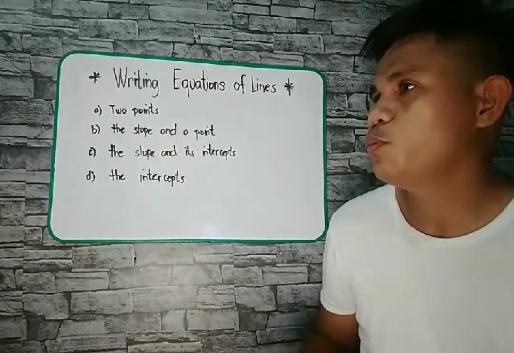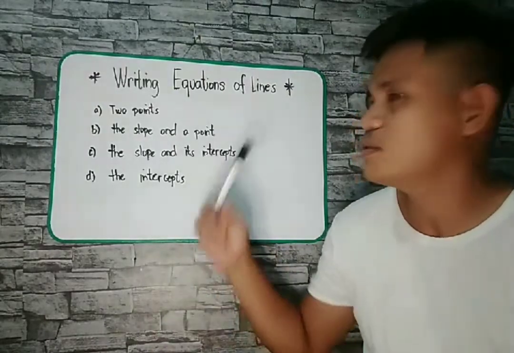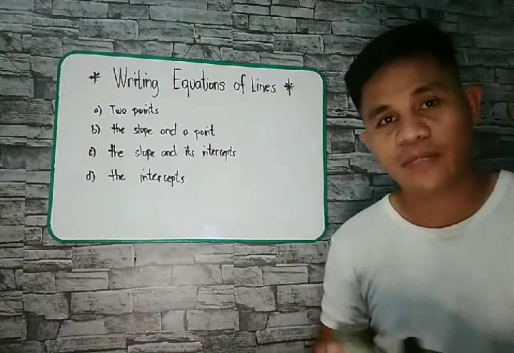If two points are given, how are we going to write the equation of that particular line? Okay, let's start with this. Let's have an example for this one.